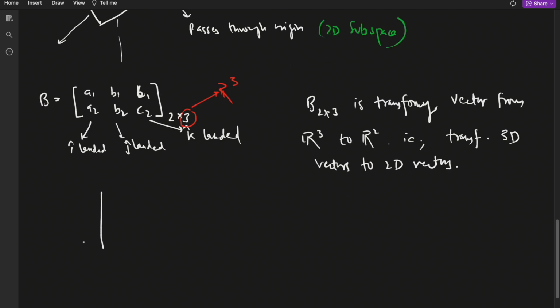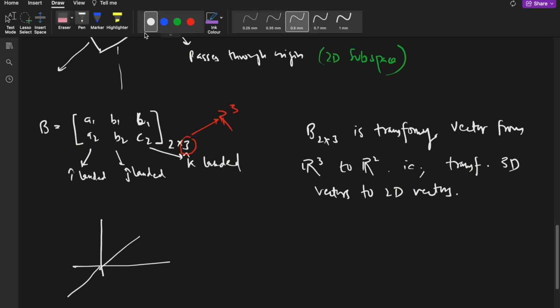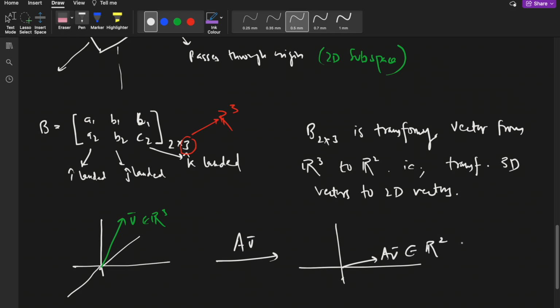For example, initially this is the input vector space, and you have a vector lying in this 3D space belonging to R cube. Now let us suppose you have a transformation A times v. You can just imagine that you knock down this vector v to this xy plane, to this R2. Now it will be somewhere, maybe somewhere here, let us suppose A times v, and this belongs to R2.